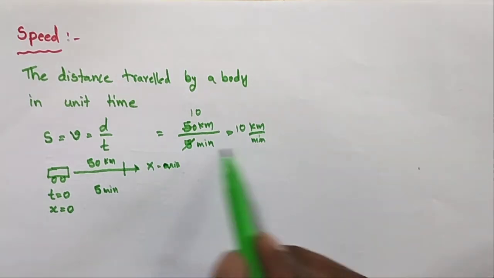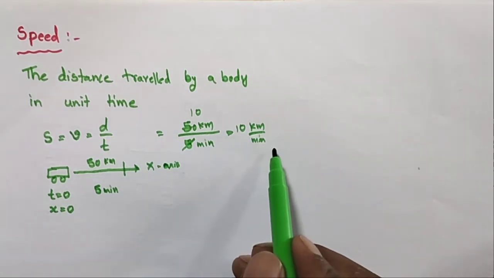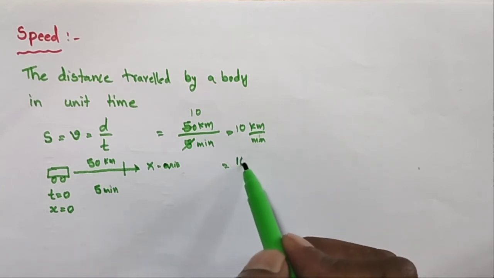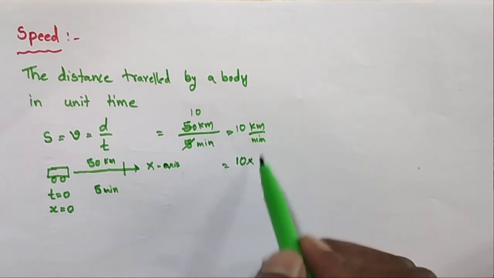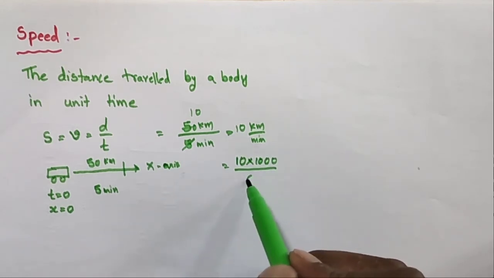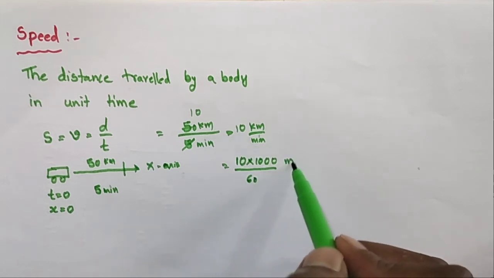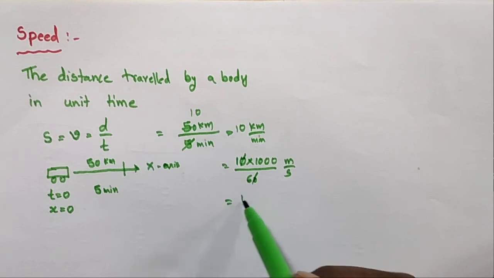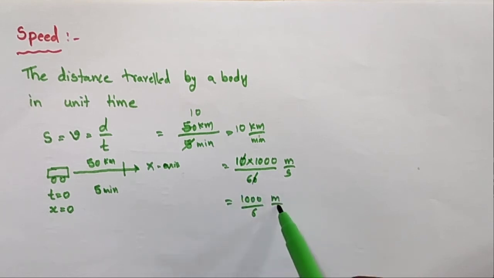Or if you convert it into seconds, that is also very good. 10 into 1 kilometer is 1000 meters, by 1 minute is 60 seconds. This is meter per second. So 10,000 by 60 meter per second.